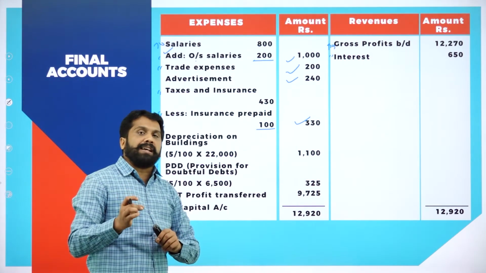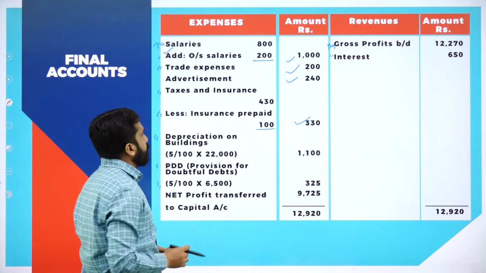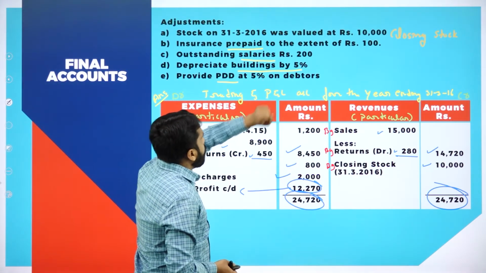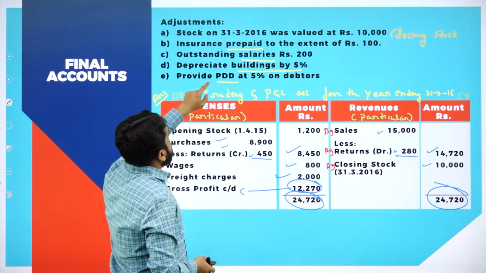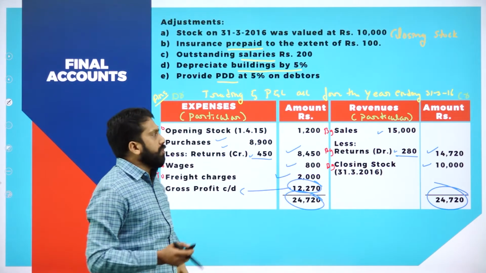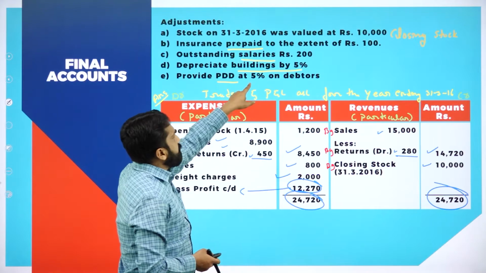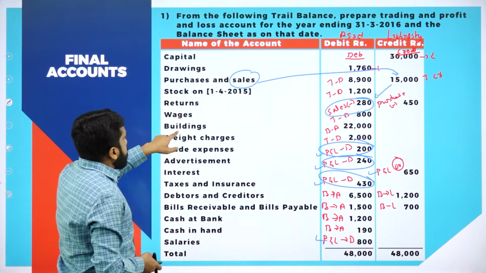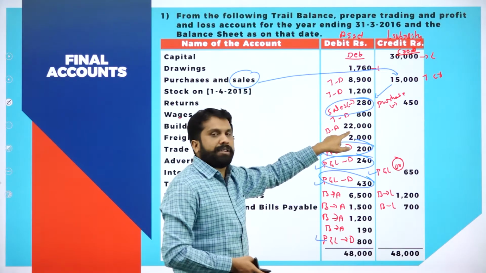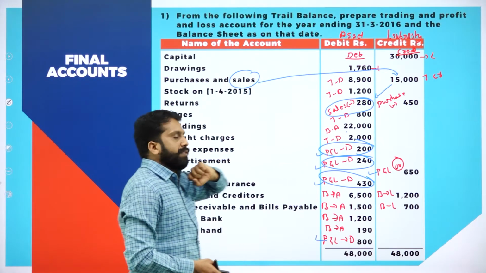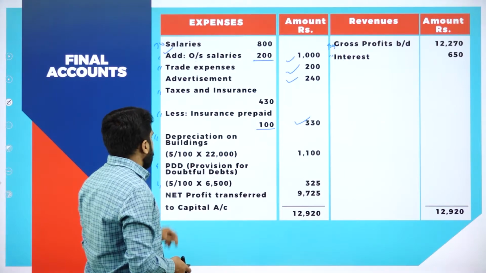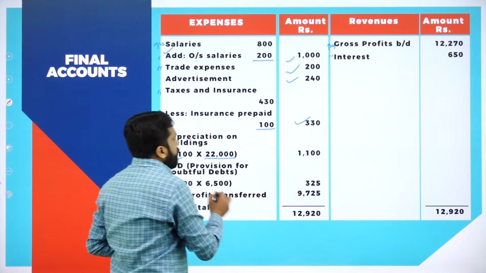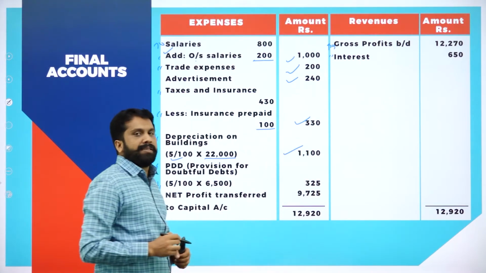Along with that, we have to calculate depreciation also. Now, as per the adjustment, depreciate building 5%, and we have only one depreciation. And for debtors, what is the percentage? 5%. I'll go back to your question. Building is how much? 22,000. On that, what is the percentage? 5%. See, your building we have 22,000 into 5%, you got 1,100.